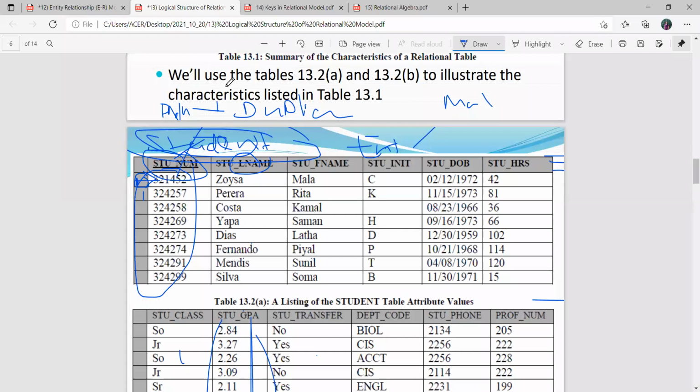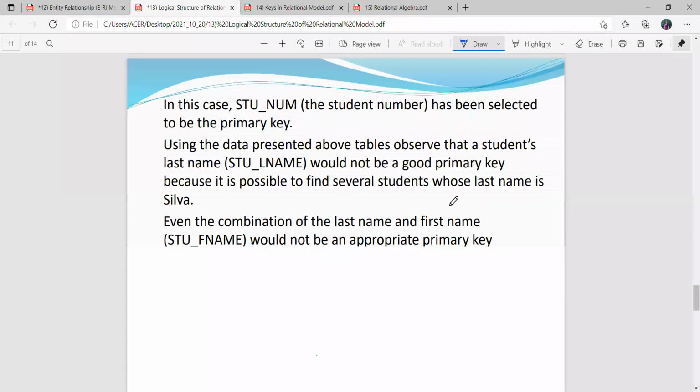This is known as entity integrity. Is it clear?